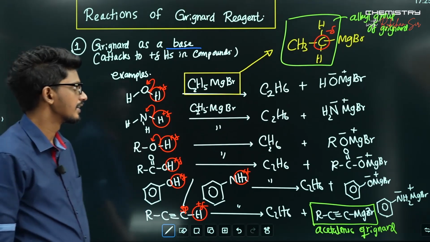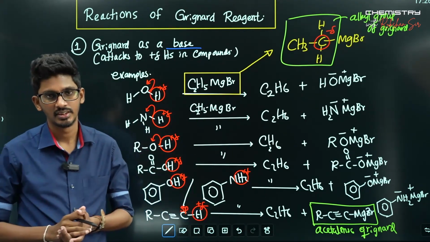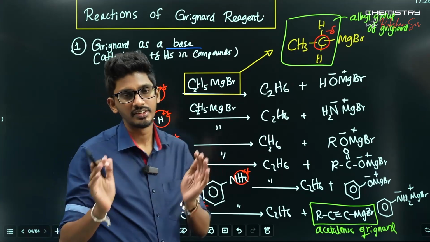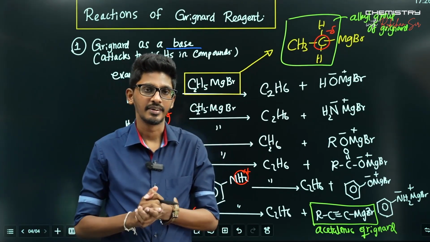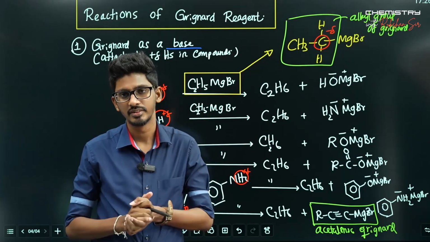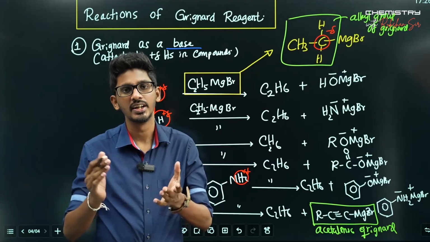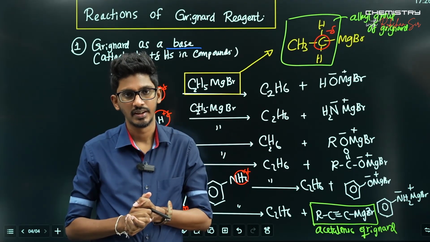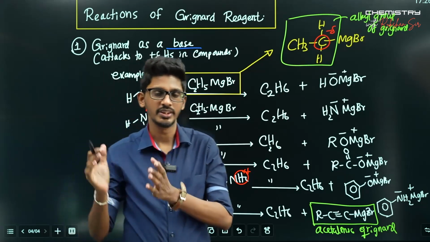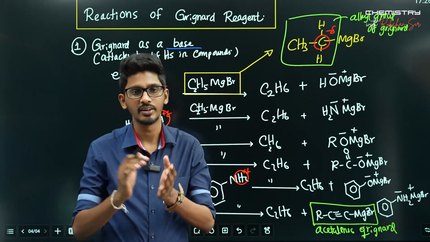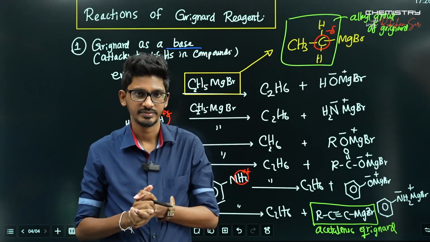Why do we consider the Grignard as a base in this case? Because the Grignard is attacking a delta positive hydrogen. If your reagent is attacking delta positive hydrogens, your reagent is referred to as a base. We discussed that same thing with the elimination reactions of alkyl halides as well. When you are using alcoholic KOH, the OH minus will attack the delta positive hydrogen of your alkyl halide.